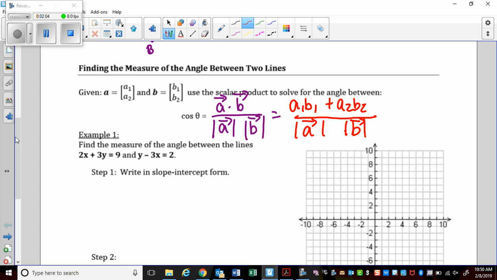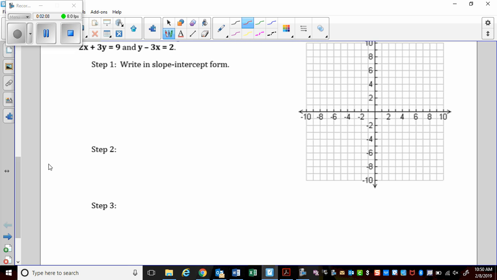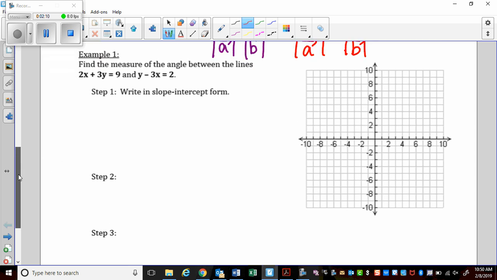Let's look at an example when we have two lines. Write in slope-intercept form. This is going to be my first step. This means y equals a number, our slope, times x plus b. Okay, so right here we have 2x plus 3y equals 9. I need to solve for y. I'm going to subtract 2x.